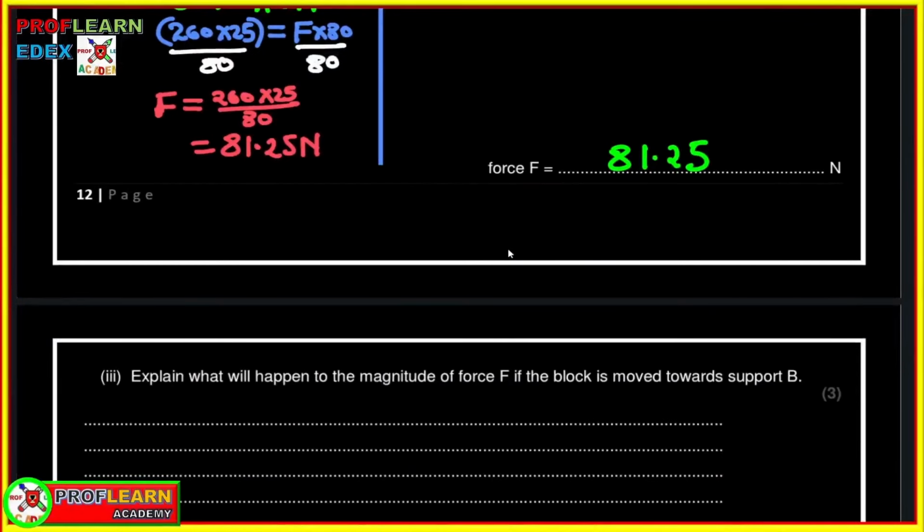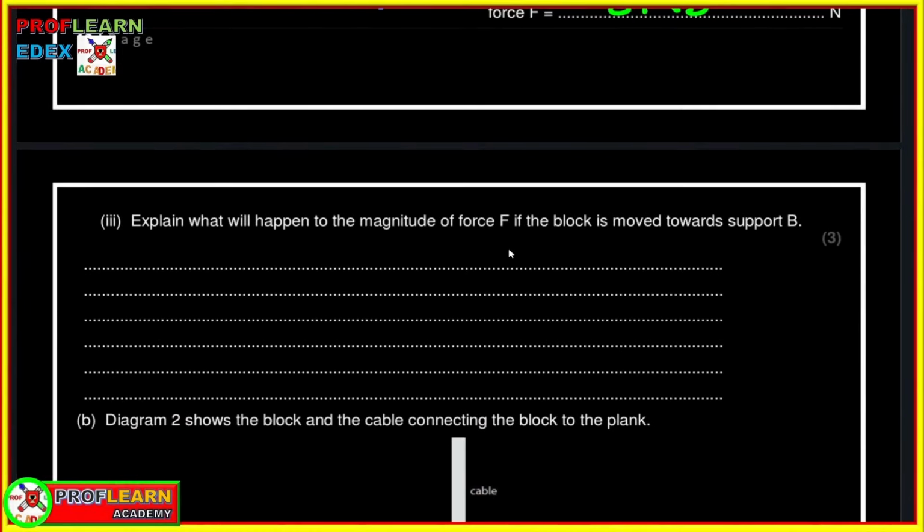We're supposed to explain what will happen to the magnitude of force F if the block is moved towards support B. So you see, we are trying to say that the force is going to increase, and the reason why the force is going to increase is because the clockwise moment will increase.